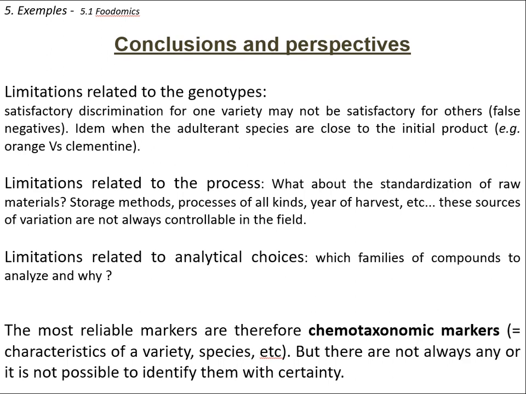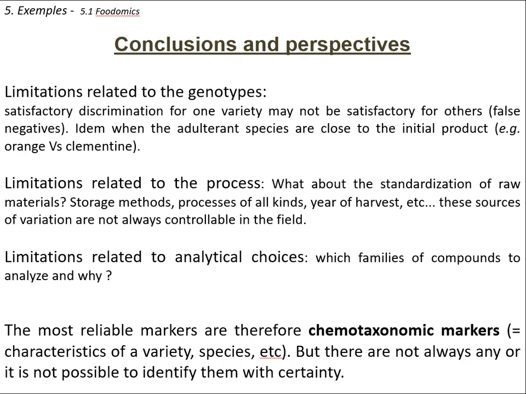So in the end, maybe a positive remark is that the best markers are chemotaxonomic markers, which are extremely characteristic, as I already explained, of a variety, but most of the time of a species or a taxon, a particular genera or family of plants.